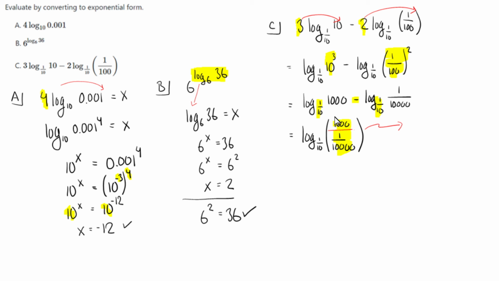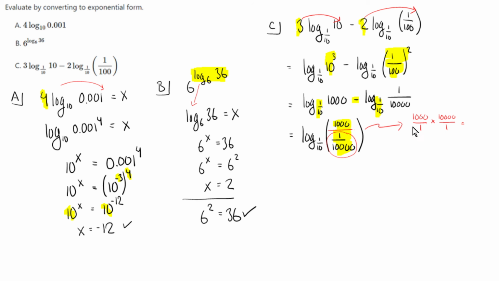So this numerator here, 1000, is simply 1000 over 1. This quotient in the denominator will then be multiplied, so we multiply by the reciprocal of the denominator. So we're going to flip it upside down. So 10,000 over 1.